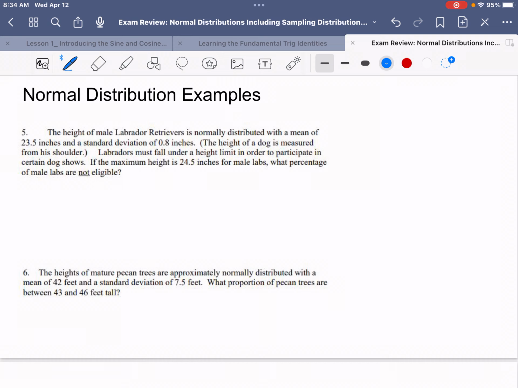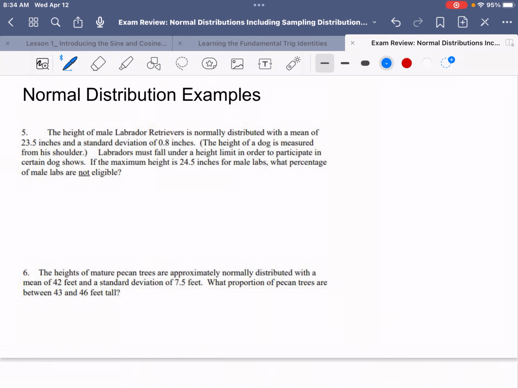The height of male Labrador retrievers is normally distributed with a mean of 23.5 inches and a standard deviation of 0.8 inches. The height of a dog is measured from his shoulder. Labradors must fall under a height limit in order to participate in certain dog shows. If the maximum height is 24.5 inches for male labs, what percentage of the labs are not eligible?